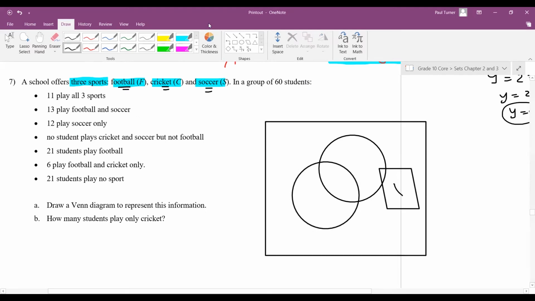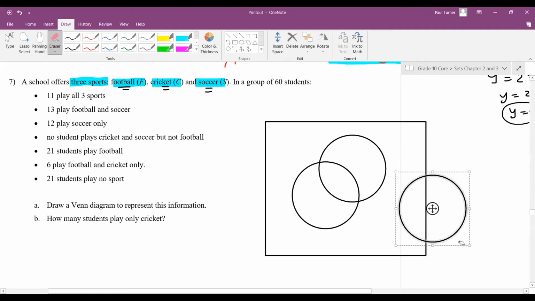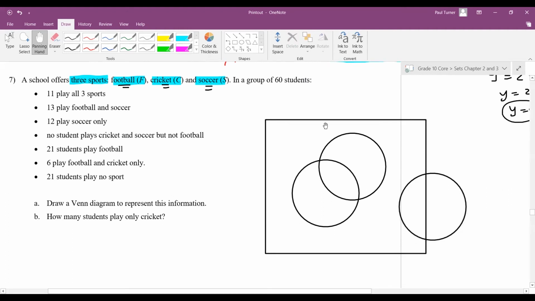And what? That's not the shape we want, is it? A circle. I'll move it across. So this one here, let's see if I can move that. Where's my hand?